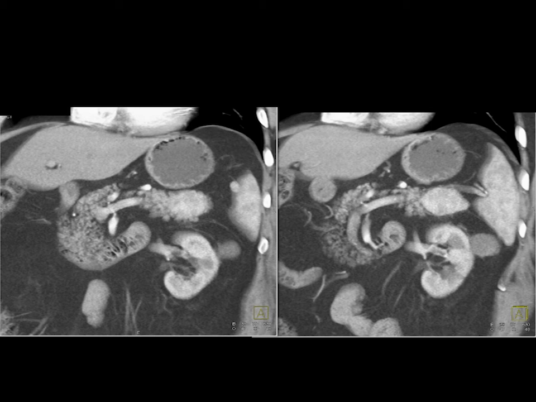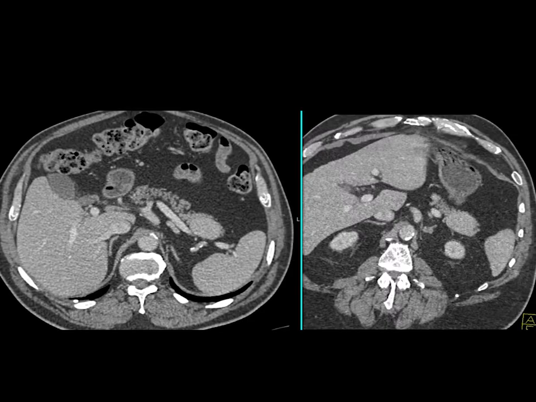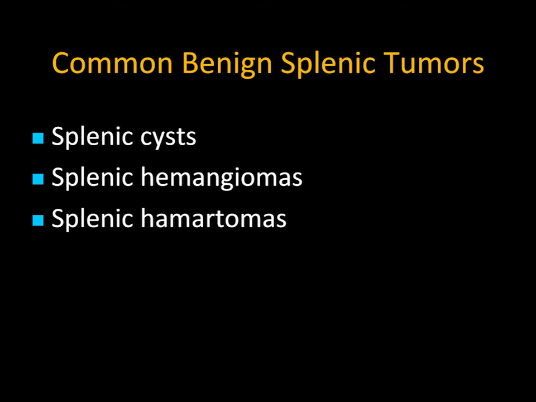Now, you could be brave and say, I can't rule out a pancreatic mass, but if you recognize it's splenic tissue, you become a superhero saying it's a leave-alone lesion. And look how nicely you see it here, and you could see it as it washes out. So again, it's not an easy diagnosis sometimes, and if you don't think about it, it's very easy to go down the tubes, but it's something you need to speak about.